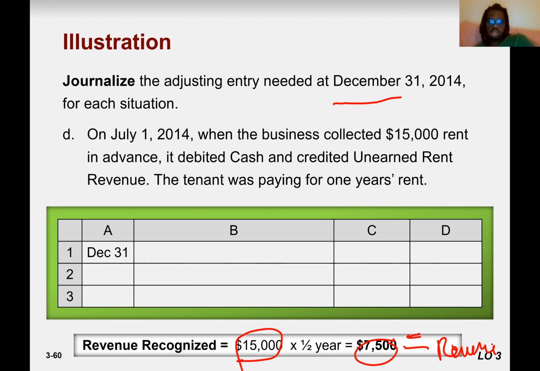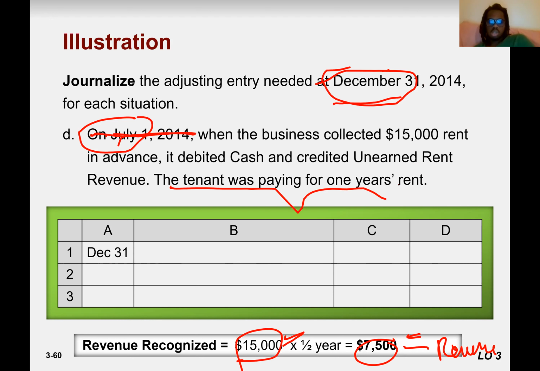So can we do all 15,000? No, because it was paid on July 1st and our year closes on 31st of December. So at the end of the year, what would be the entry?